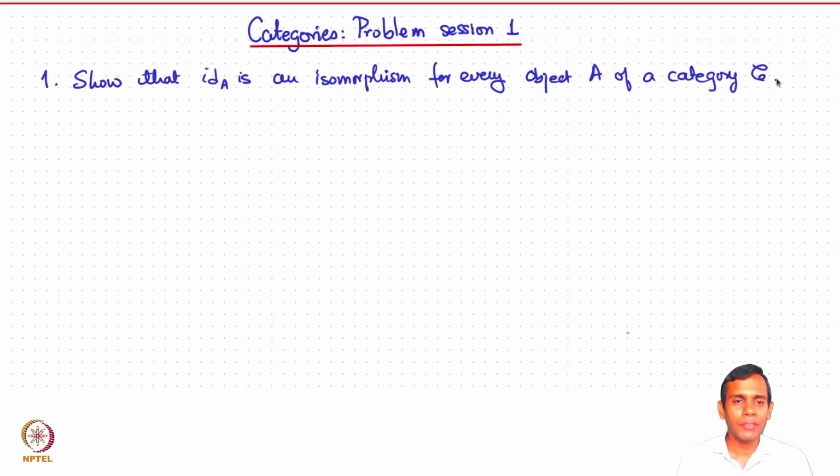So recall the definition of an isomorphism. An arrow is called an isomorphism if you can find an inverse arrow.